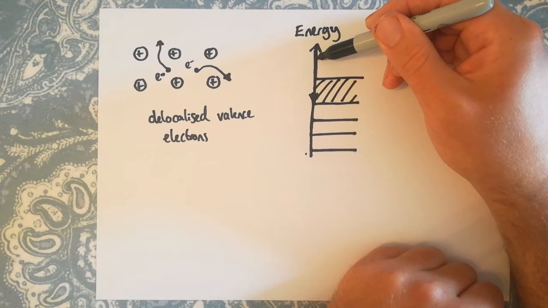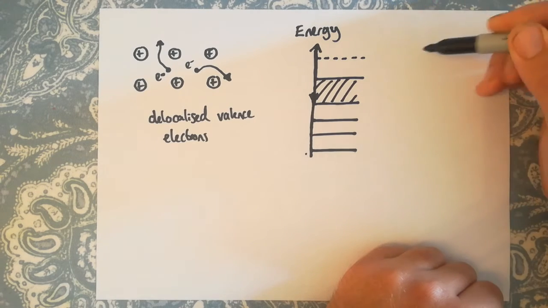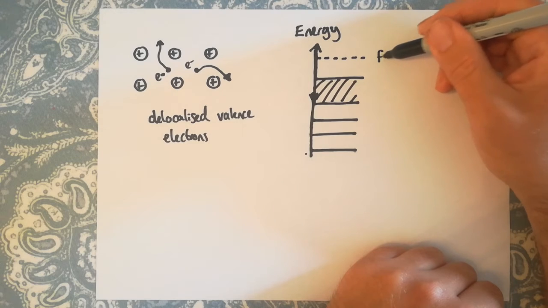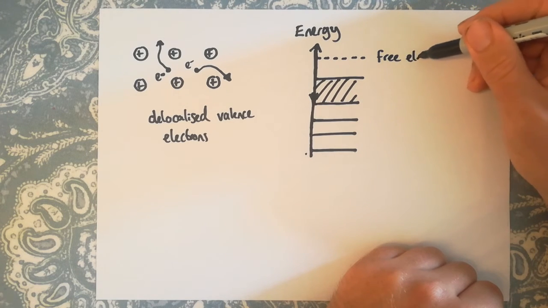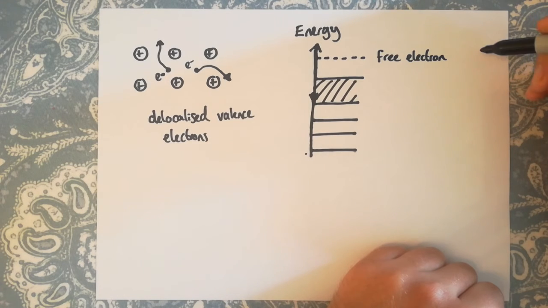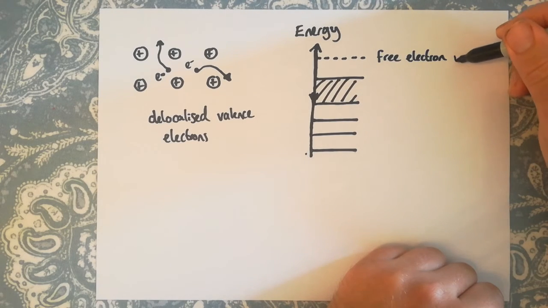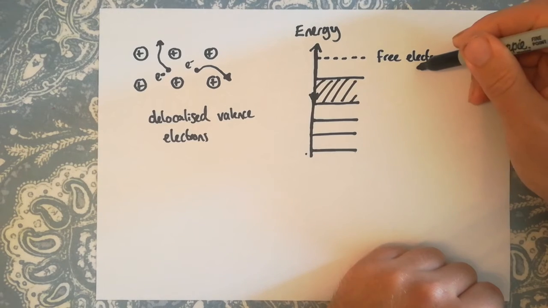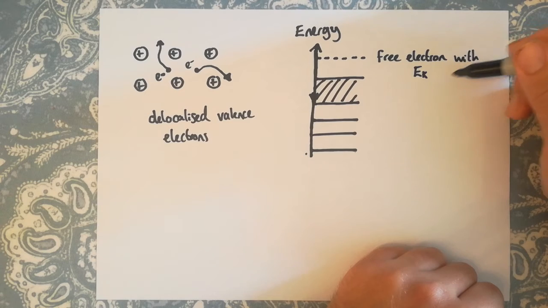We could also mark on here the amount of energy that a free electron would have. So an electron that has escaped totally from the structure of the metal, and we should specify that that's a free electron with a kinetic energy, let's call that EK, of 0.